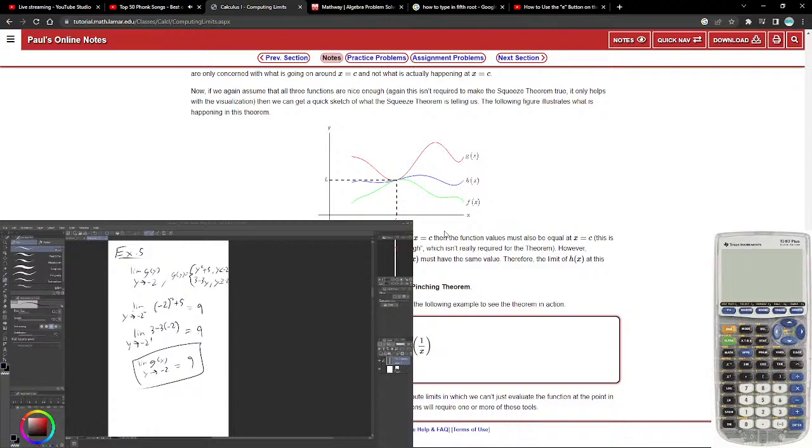So the function must also be equal at x equals c. Therefore the limit of h of x at this point must also be the same. It's also known as the sandwich theorem and the pinching theorem. Interesting. So how do we use this theorem to help us with limits? Let's take a look at the next example.